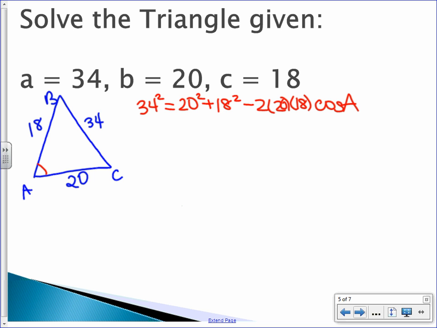What is 34 squared? 1,056. Okay, what? 1,156. All right, over here, what can we actually put together?